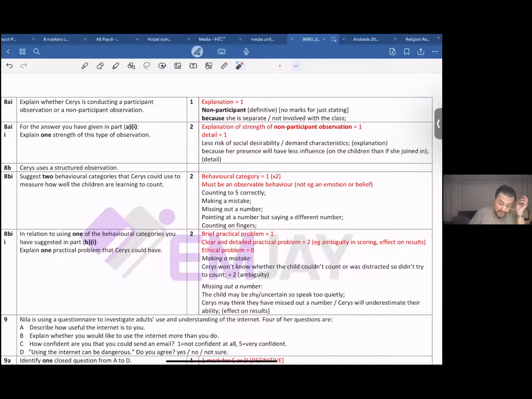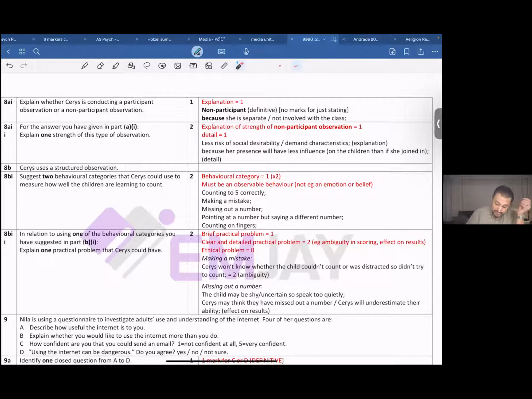So explain whether Keris is conducting a participant observation or non-participant observation. This is a non-participant observation. It is a 1-mark question, yet the examiner is expecting you to explain, so you might as well do what you've been asked to do. A non-participant observation, because she is separate or not involved with the class, in other words, because she's not participating in the activities of the group being researched.